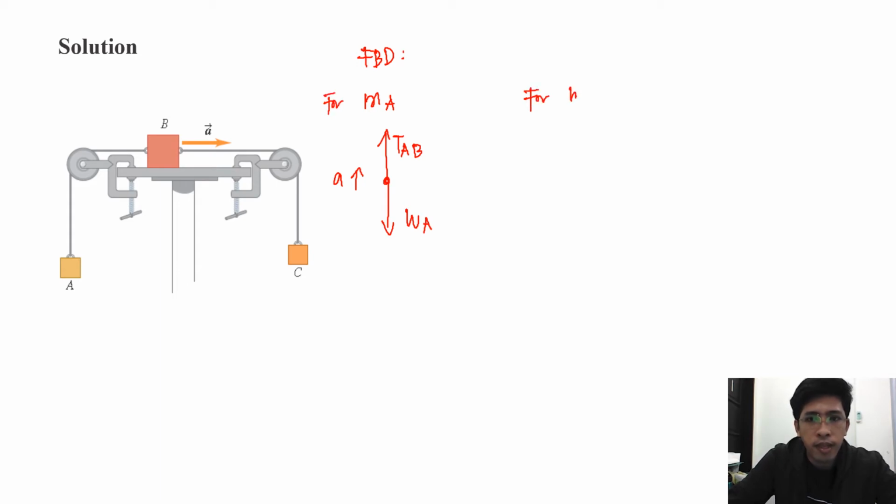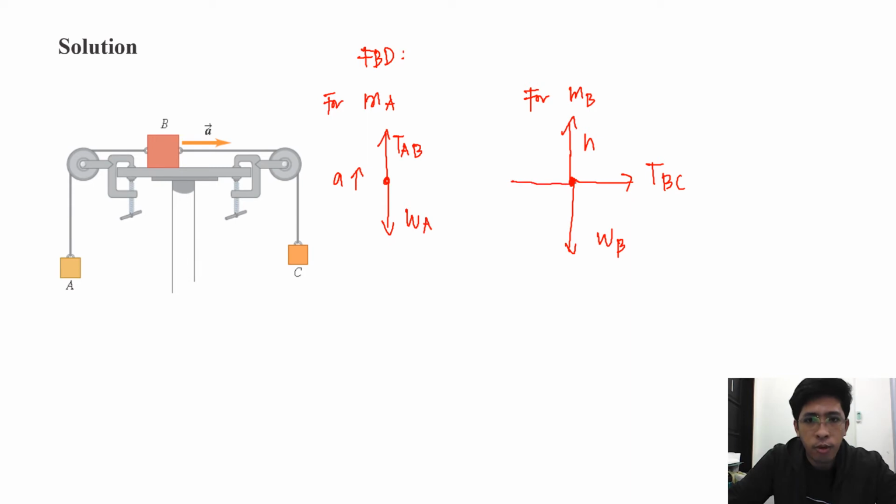For block B, we have here the normal force, the weight of block B, and to the right we have tension TBC, since it is pulled by a cord to the right.